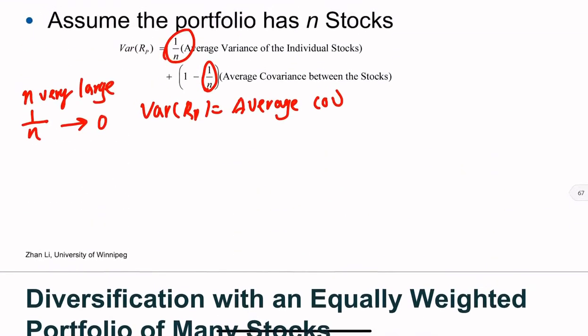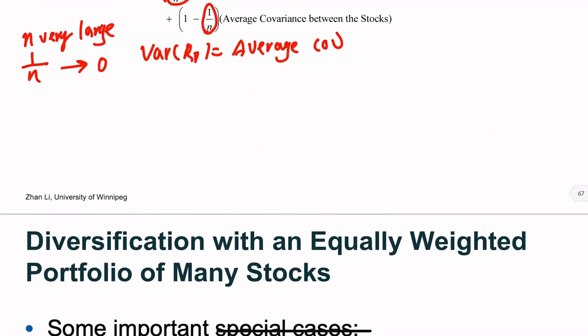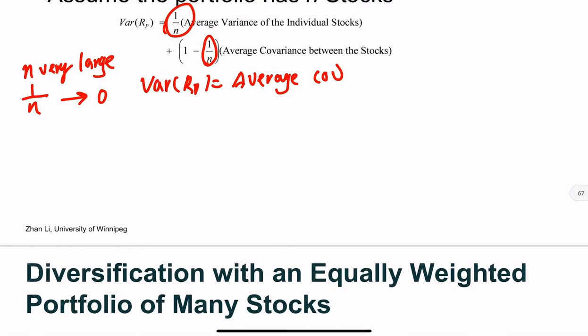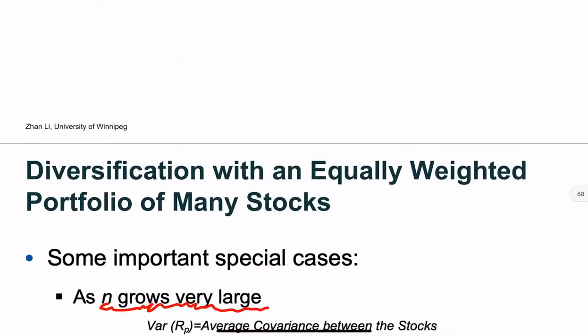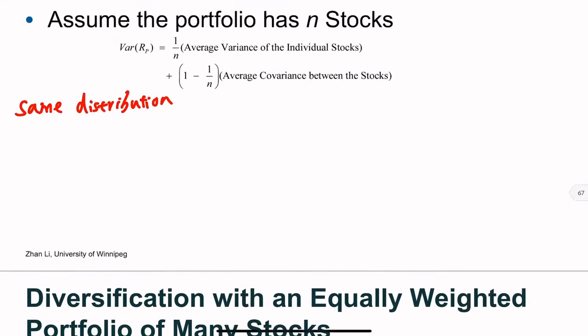Right? Now, let's talk about this second special case. The second special case says all stocks have the same distribution, and they're independent.